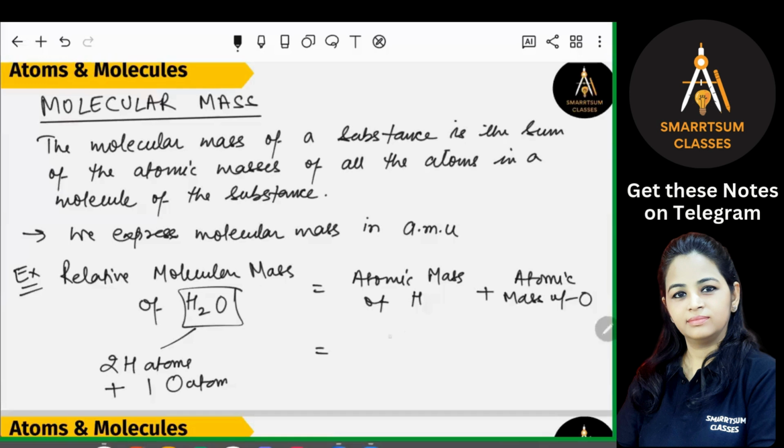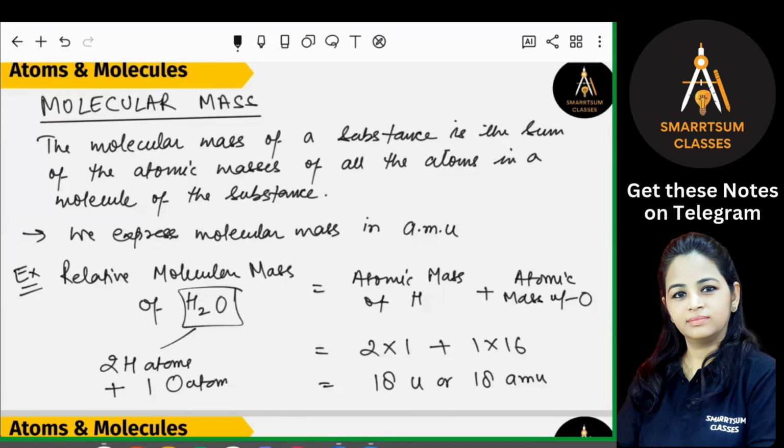We multiply 2 and 1, because there are 2 hydrogen atoms, plus 1 into 16, for 1 oxygen atom. 2 into 1 plus 1 into 16 is 18 u or 18 AMU, both are the same thing. In this way we can find the relative molecular mass of the water molecule.